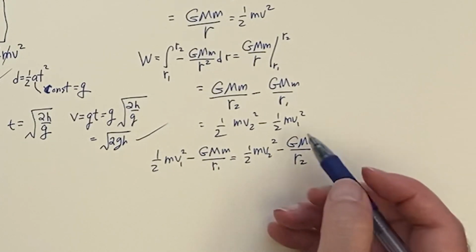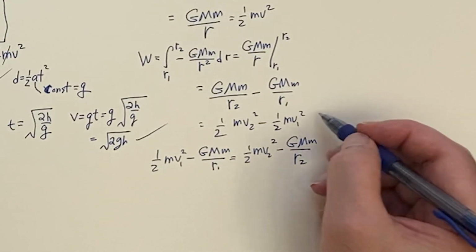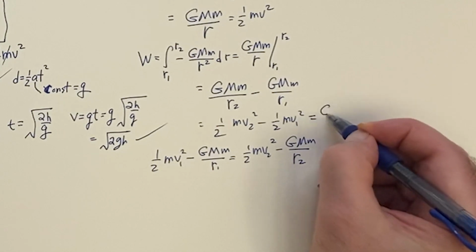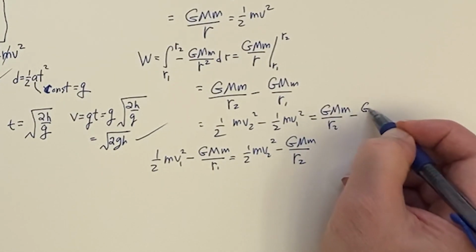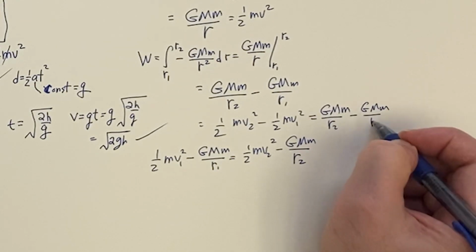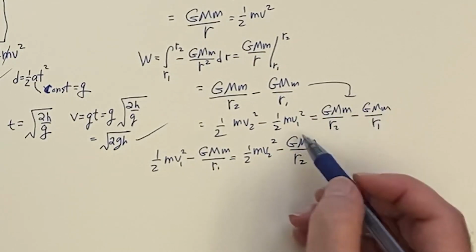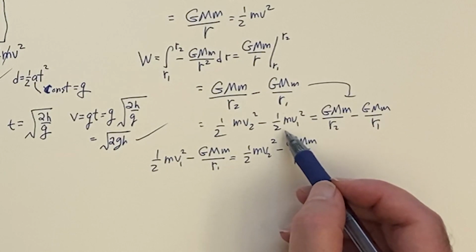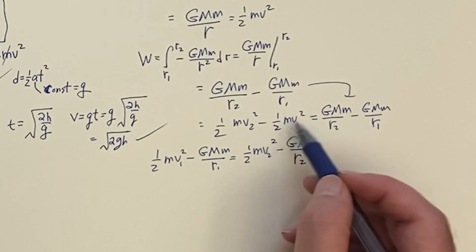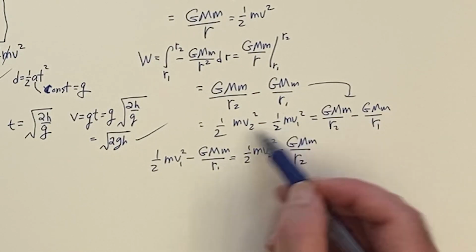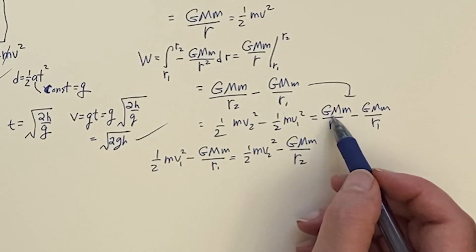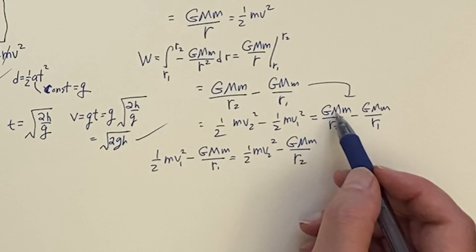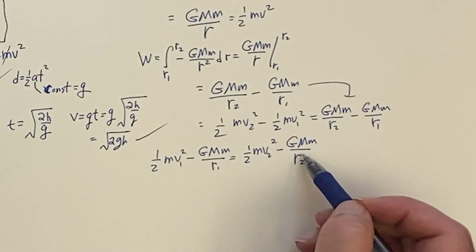Let's just make sure we did this right. Might be helpful to write this side by side. So let me just write this top one side by side. Just bring this one over here. So I want to have the ones on one side of the equation. So I need to add this to the other side. So the v will have a plus sign, but then there's a minus sign with the 1/r. And then here, by bringing this one on this side, it comes on with a minus sign.